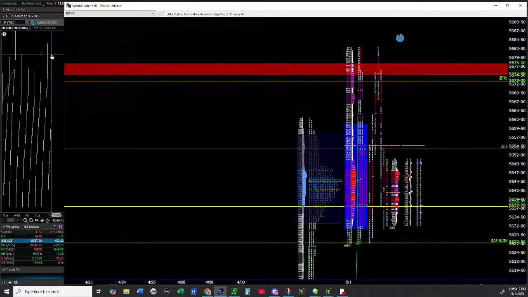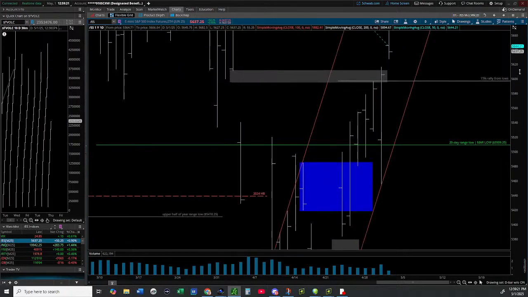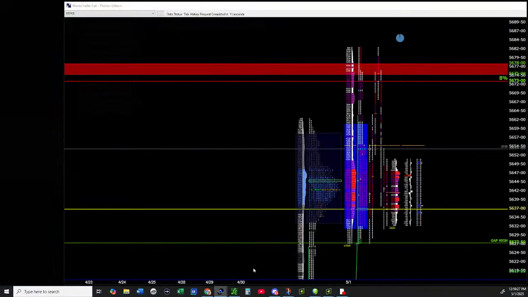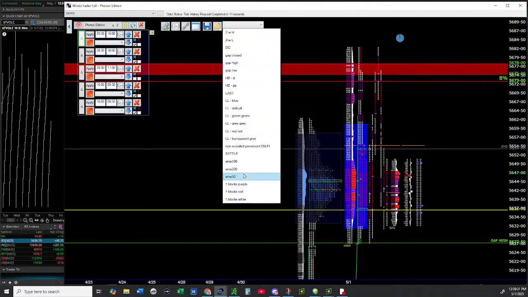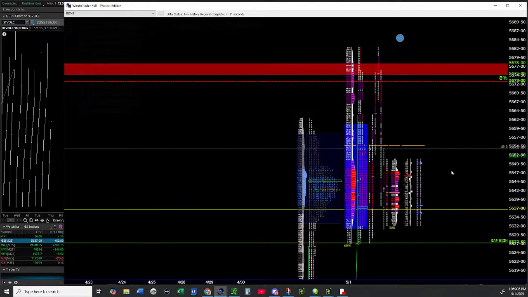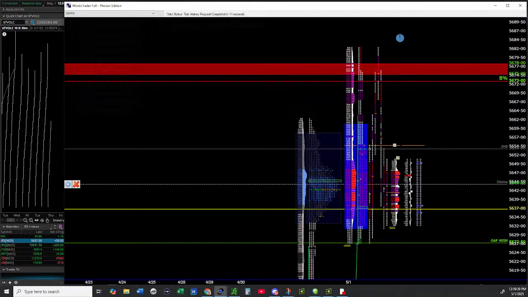Let me grab here. What is the 50 moving average here? I think 56.44. That's the 50. That's the 50 moving average right there.